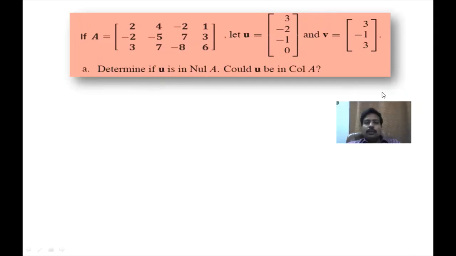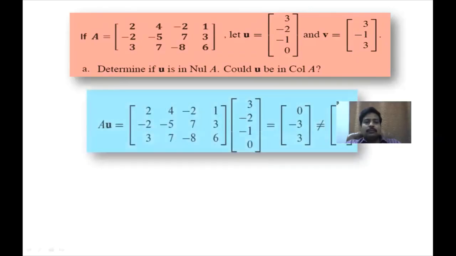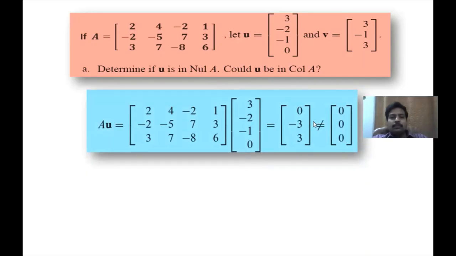So to determine whether U is in null space A, we have to check whether AU is equal to the null matrix O or not. So let us calculate AU. AU is, after multiplying these two, 2 into 3, 6, minus 8, plus 2 and 0, that will give you 0.